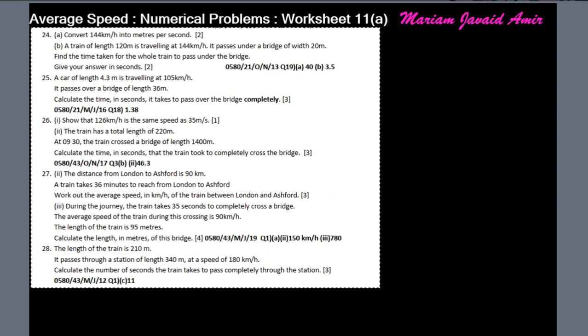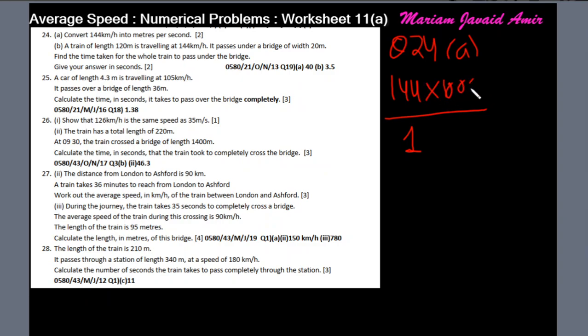Question number 24. Part A. Convert 144 kilometers per hour into meters per second. So 144 kilometers per 1 hour. Kilometers need to be changed into meters, so for that we multiply with 1000.